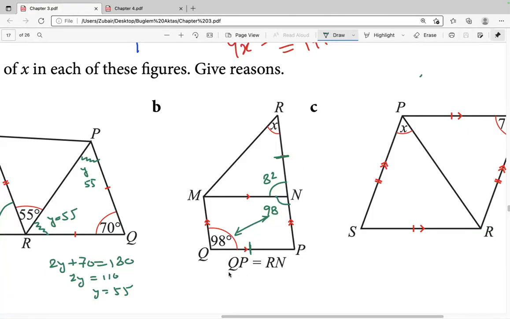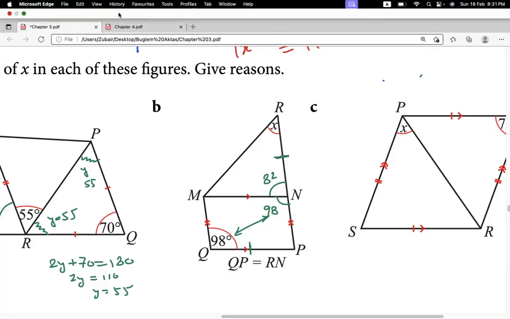After that, just focus on this part. It says QP is equal to RN. QP is given right here at the bottom. RN is on the right side at the top. What about MN and QP? Do they have any relation? Well, they're parallel to each other. Yes.